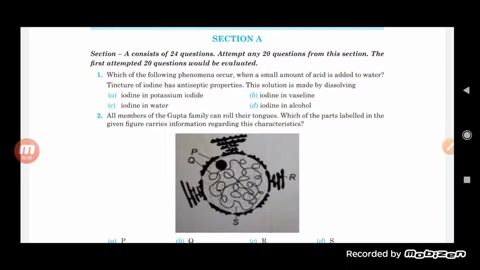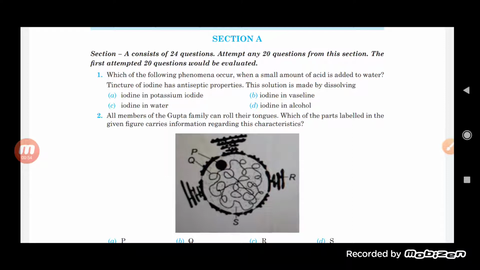Although there was no such particular pattern for class 9, it will be similar to class 10 only. So here we can see it consists of section A, then section B, and then section C.